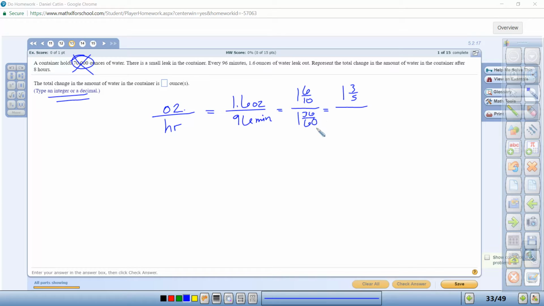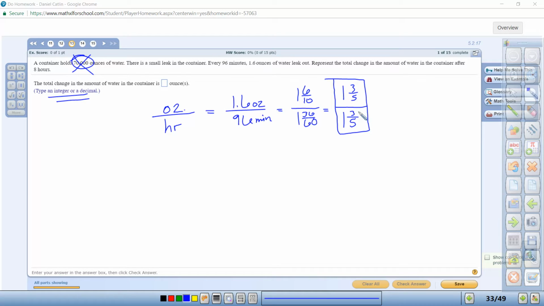We've got 1 36/60, which we can reduce because we have a common factor of 12 here. 12 goes into 36 3 times, and it goes into 60 5 times, and that right there, my friends, is a very easy division problem to do. Same number divides into itself, it's going to be 1. Yours might not come out that nice.